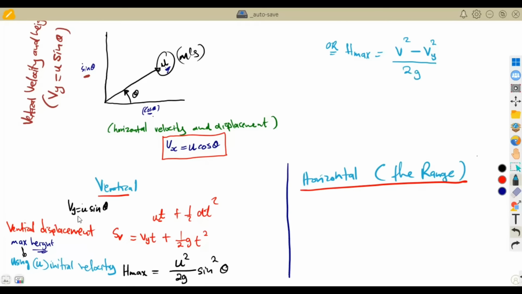But this one is the vertical component, which is u sine theta. So it's going to be u sine theta squared.